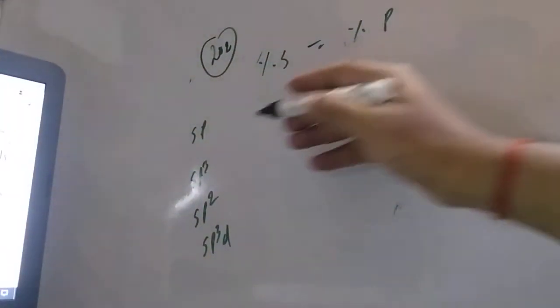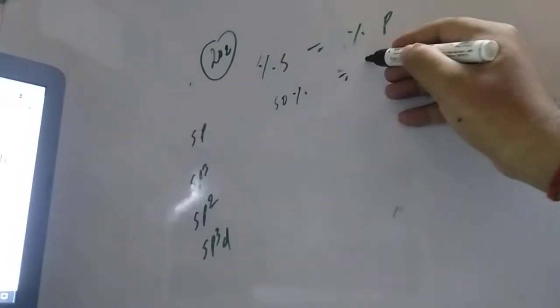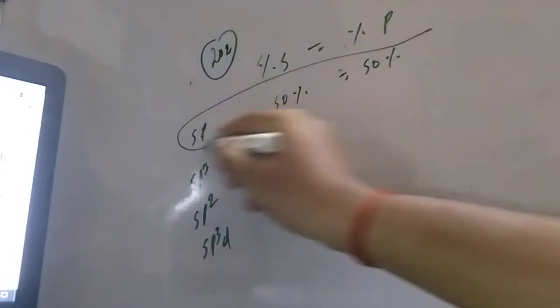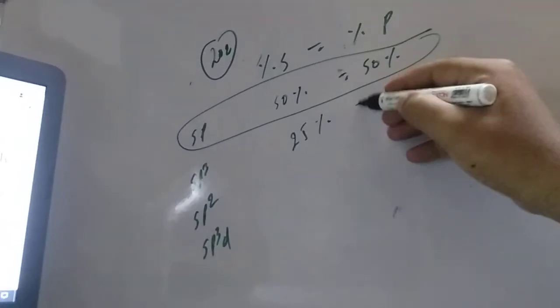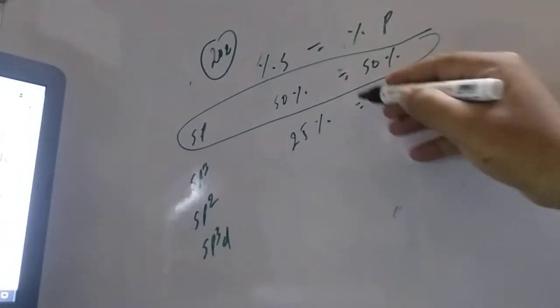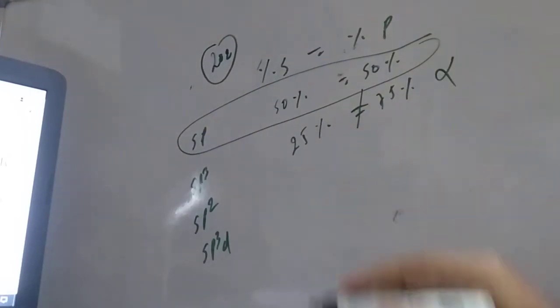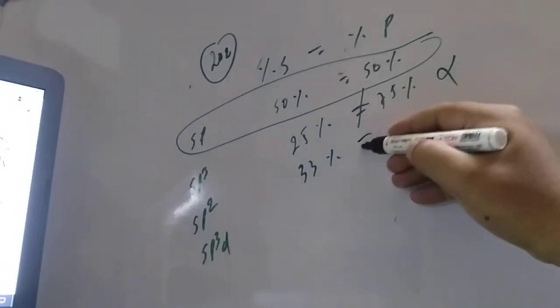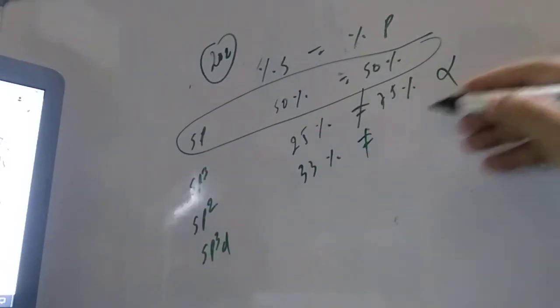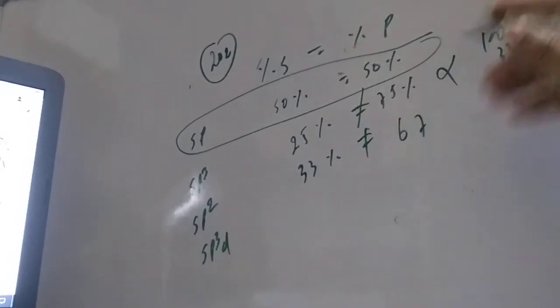In the first case, sp, 1s and 1p means 1 by 2, so here is 50% s character and 50% p character. This is our answer. In sp3, the s character is 25% and the p character is 75%, so this is wrong. In sp2, the s character is 33%, and the p character is 100 minus 33, which is around 67.